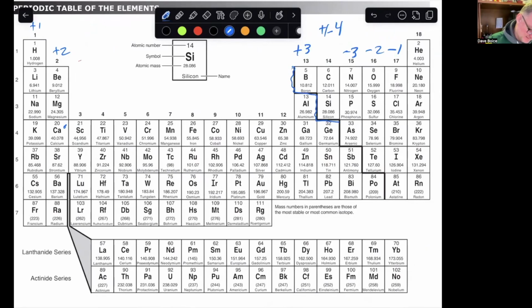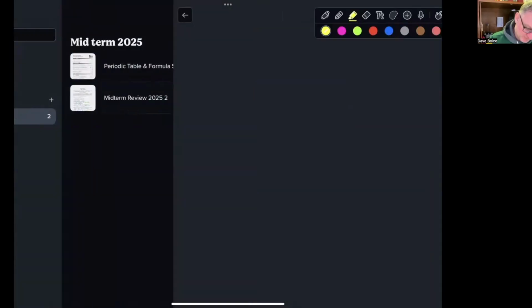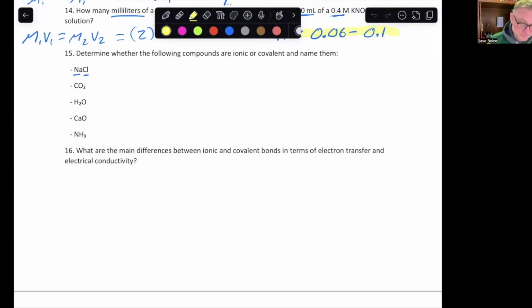And Na, and I won't do this for all of them, but just kind of pointing this out. So I have a metal and a non-metal. I got a +1 and a -1. So these are going to go together 1 to 1, which they do. Great. And so for this, I'm going to call this ionic.